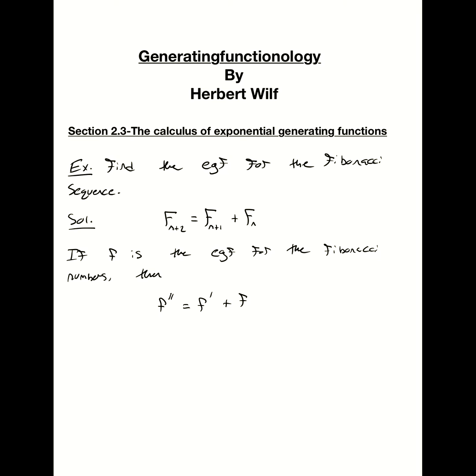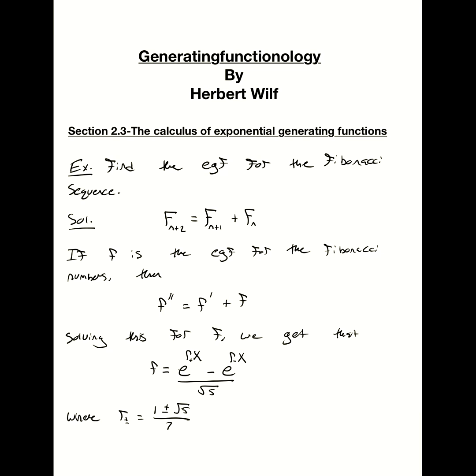I'm not going to go through the tools that we would use to solve this, but solving this for f, we get that little f is going to be equal to e to the r plus times x, minus e to the r minus times x, all divided by the square root of 5, where r plus or minus is equal to 1 plus or minus, respectively, square root of 5 all over 2.